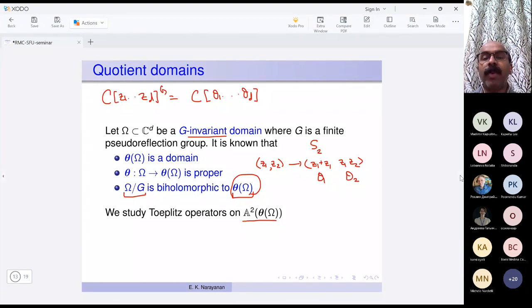So θ(Ω) here is G_2, the symmetrized bidisk. That is, D^2 by S_2 is identified with the symmetrized bidisk. And so we'll be studying Toeplitz operators on the quotient domain, which is identified with this biholomorphic copy. So let's go ahead.